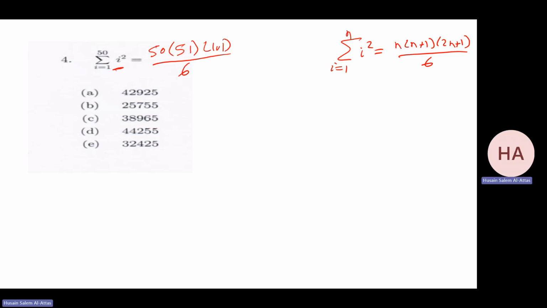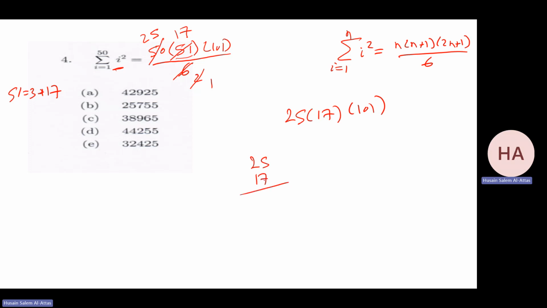Okay. Now, I know 51 is 3 times 17. So this will be 17 and this will be 3. 50, I divide by 3, so that will be 2. This is cancelled also. I have this one, 25. So I need to multiply 25 times 17 times 101. Oh, 25 times 17 gives you what?